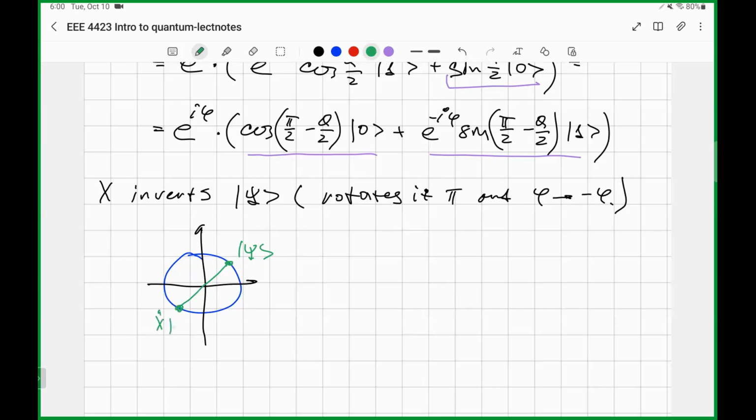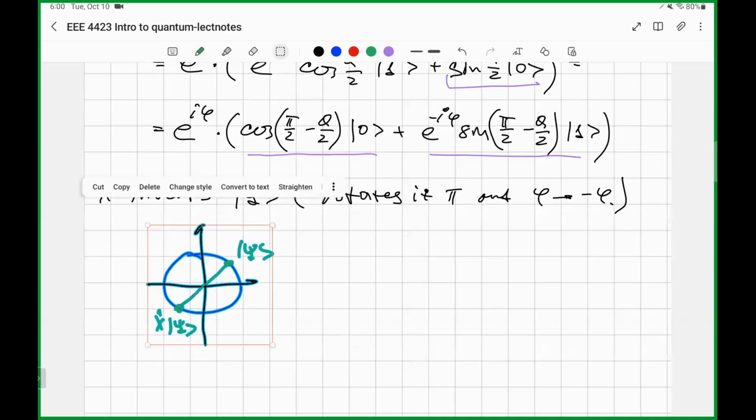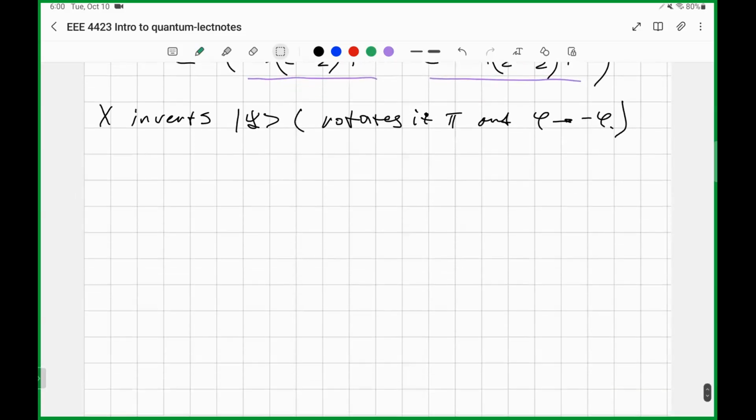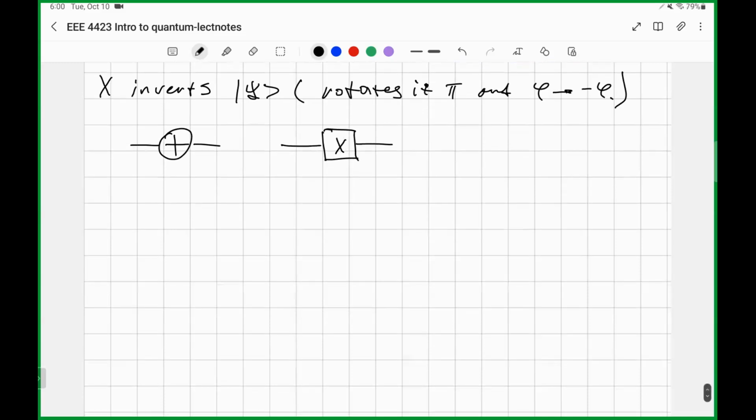It's going to be X psi, something like this. Okay. And we already saw that this gate is represented by circle plus in the circuits. Sometimes it's also represented by this rectangle with X inside, something like this.